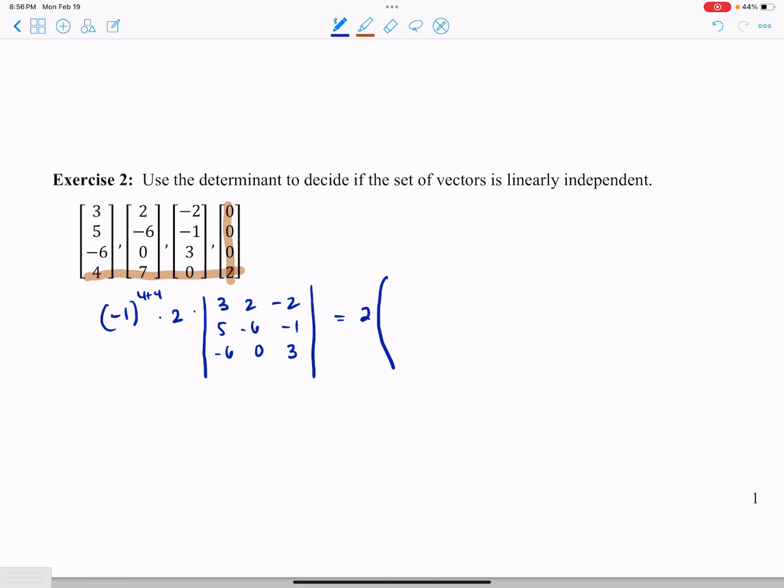So I'm going to do cofactor expansion again. I'm going to do it about the 3rd row. Negative 1 to the 3 plus 1 times negative 6 times the determinant of 2, negative 6, negative 1.